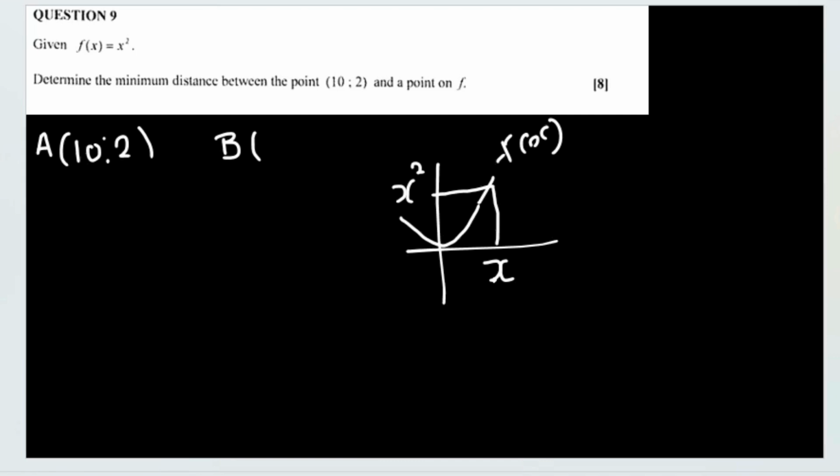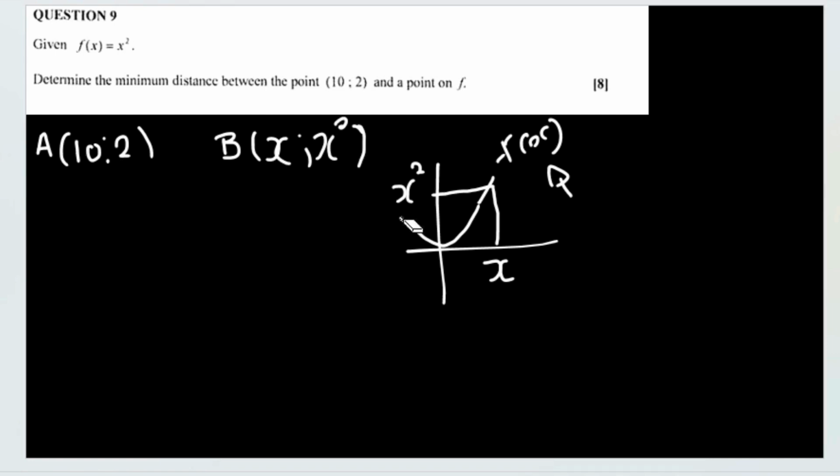If I plug any x value into this function, the output will be x squared. Therefore, the point they are talking about is a point with any x value, with y coordinate equal to the square of the inserted input x. Okay, that is my ugly drawing.